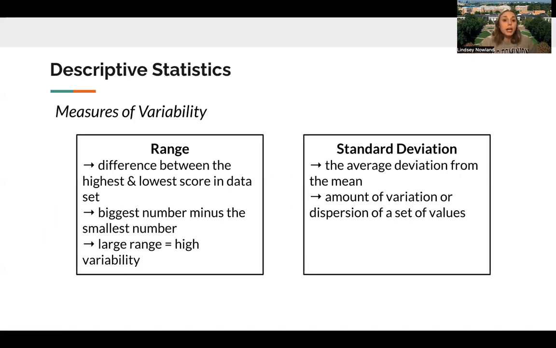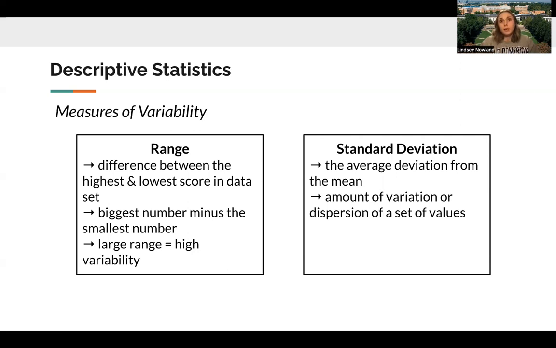So your measures of variability, on the other hand, include your range, which is referred to as the difference between the highest and lowest score in the data set. In this case, you might take the biggest number and subtract the smallest number from it to give you your range.